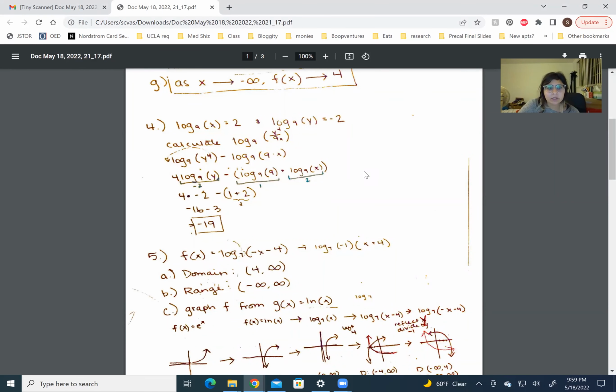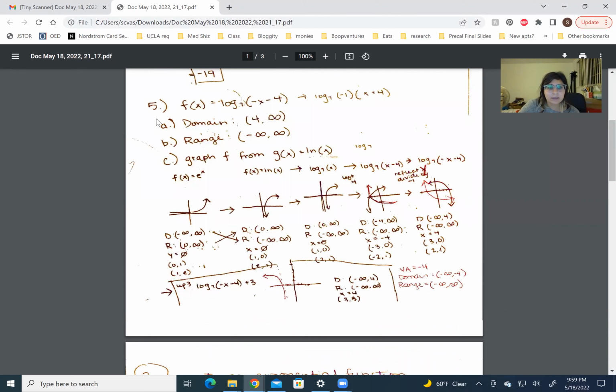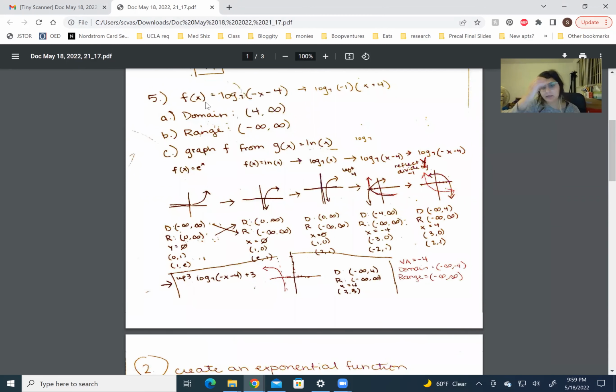So for the first question, I fixed question number 5 on exam 2, where I did not reflect by the y-axis. Instead, I reflected by the x-axis here.